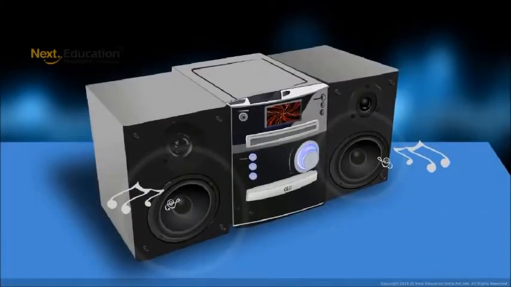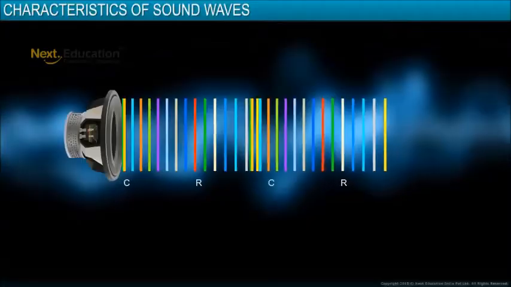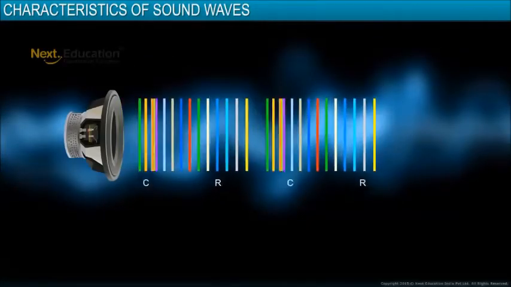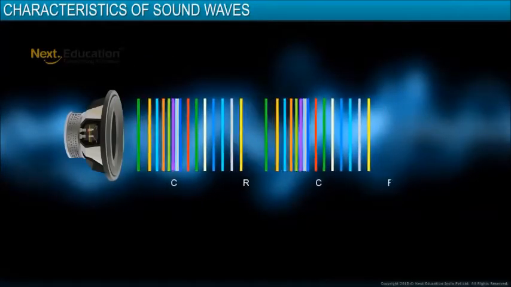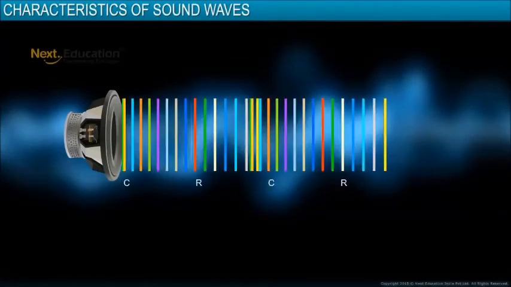In this module, you will learn about the characteristics of sound waves. A complete sound wave can be considered as the repetition of the pattern of a single wave. That is, it consists of a number of compressions and rarefactions in succession.